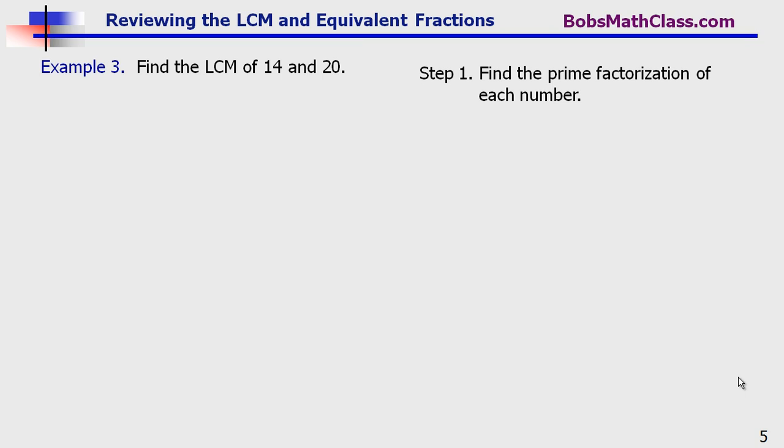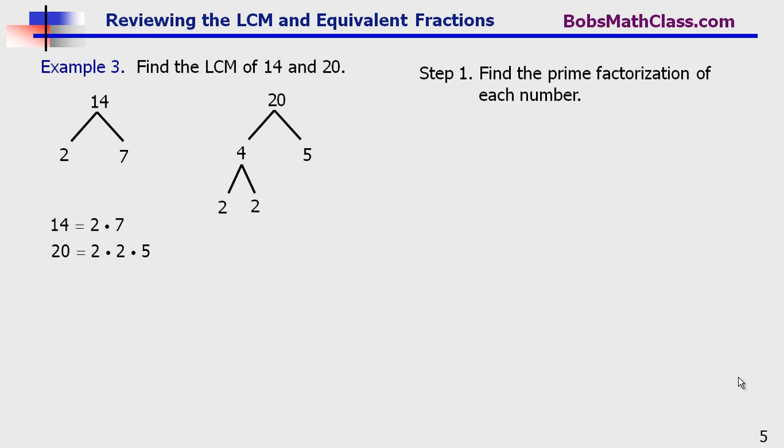Find the prime factorization. The tree. 14 is 2 times 7. 20 is 4 times 5, but 4 is 2 times 2. Okay, now write it down in row format.